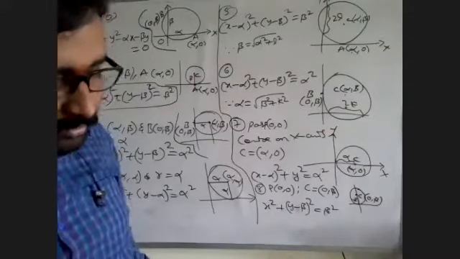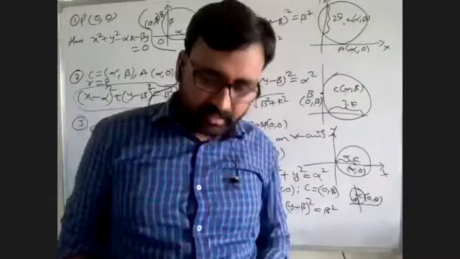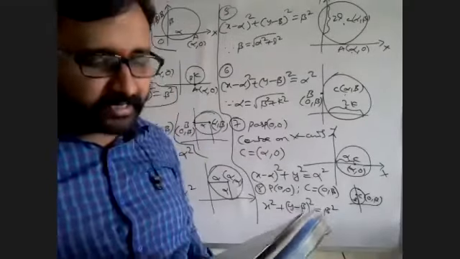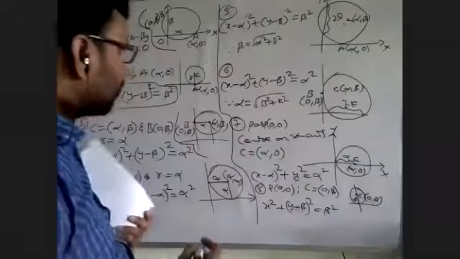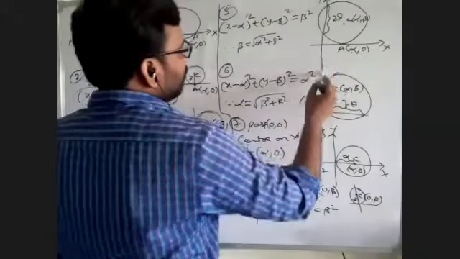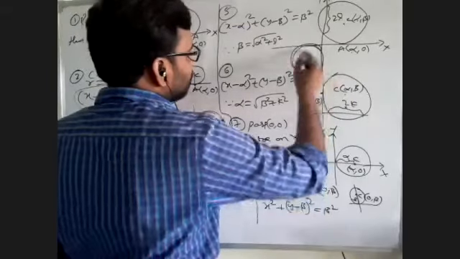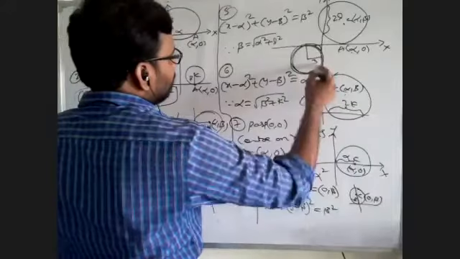Here there is one question. The equation of the circle of radius 3 that lies in the fourth quadrant and touches the lines x equal to 0, y equal to 0. Fourth quadrant. Here the circle is touching the x-axis and y-axis, and the radius is given as 3.